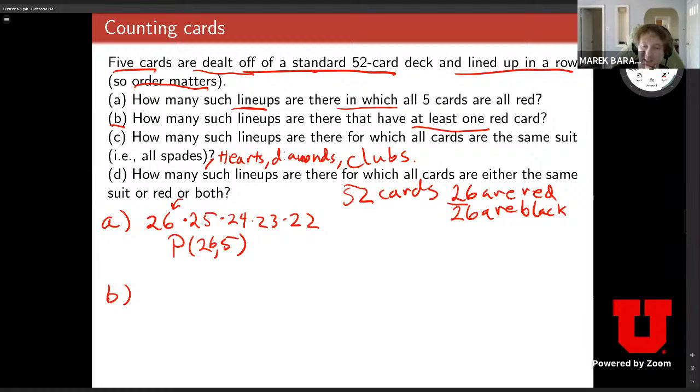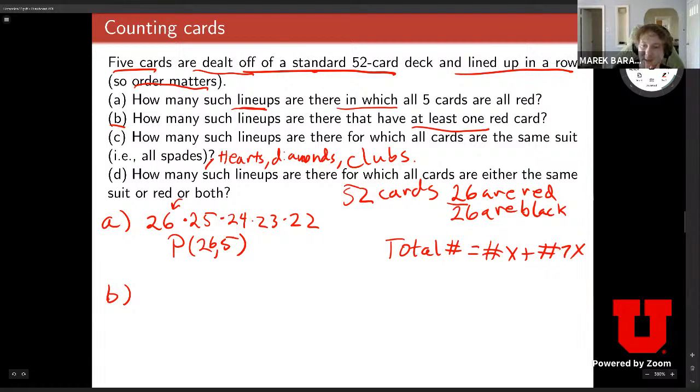So the complement rule says that if you have the total number of events, the total number is equal to the number of X plus the number of not X, right?